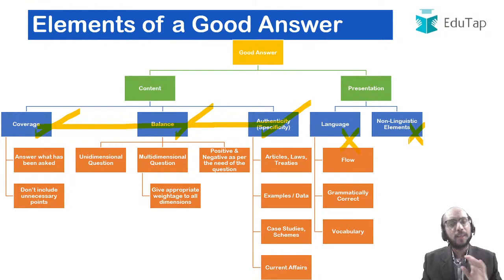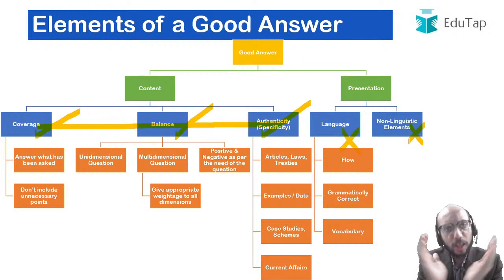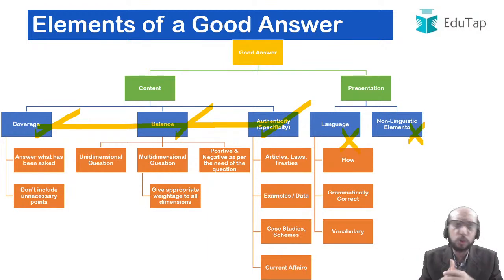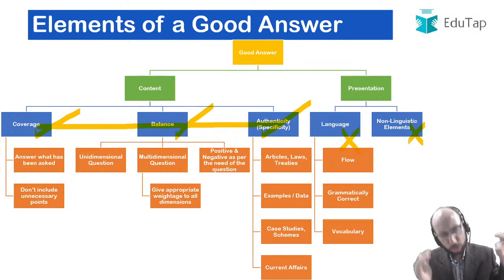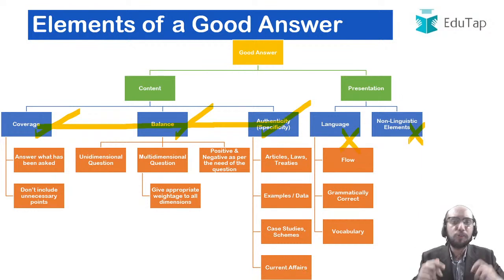And there is something about vocabulary that is really crucial. If you are writing answers related to environment, then there should be a particular vocabulary, of sustainable development and so on and so forth. If you are writing about poverty, inequality and unemployment, then there should be a vocabulary related to that. So every chapter has some words, right? Every issue has some important words, and if those words related to that issue appear in your answer, then that helps you in saving other words.